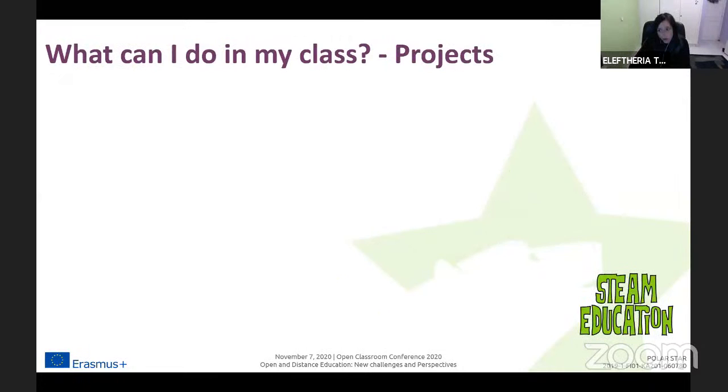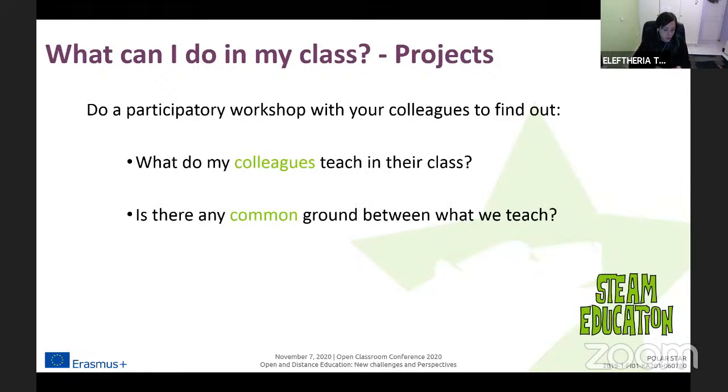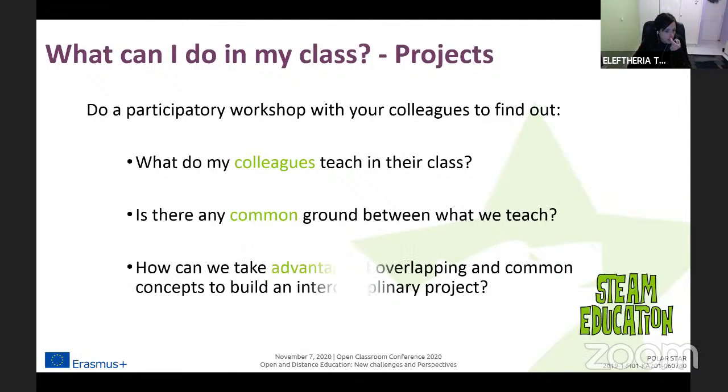For the longer term projects, we also have a participatory workshop that we have designed for you. First you have to learn what your colleagues are teaching. You need to know what everybody else is doing in your school. Then you need to find common ground between what you are teaching and see if it can be used somehow.